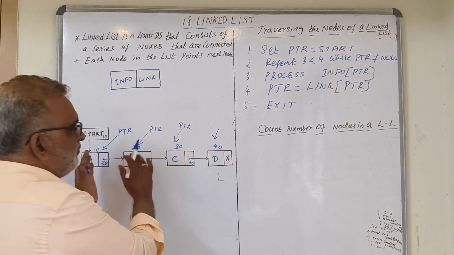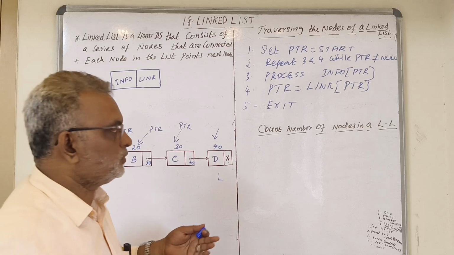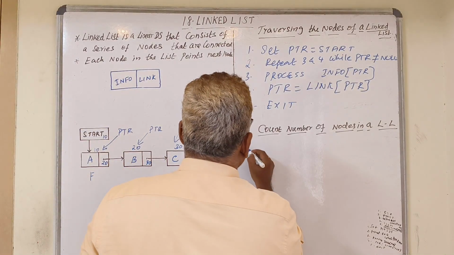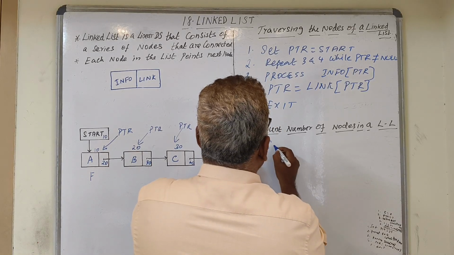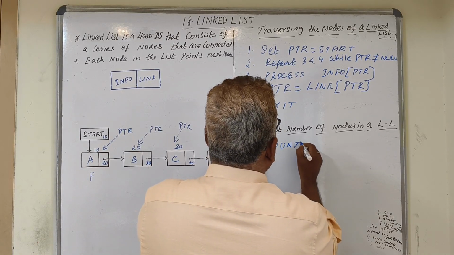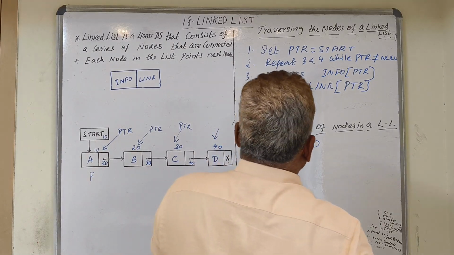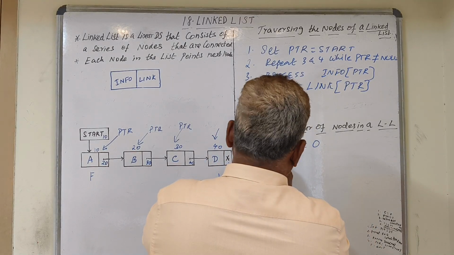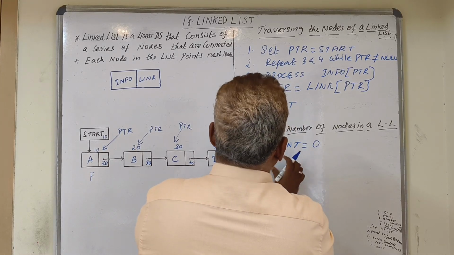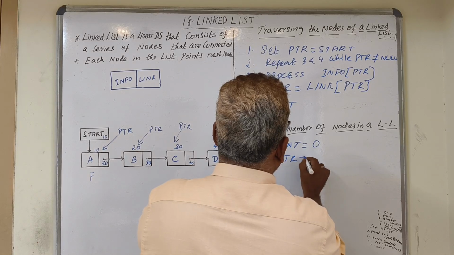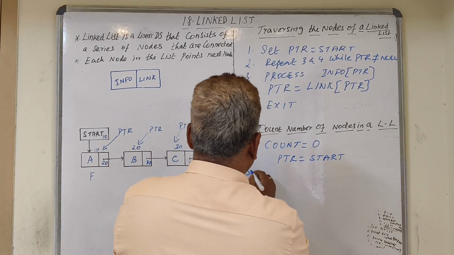Similarly, how do we find out the number of nodes available in a linked list? That can also be found with the help of the same type of algorithm. We just introduce a variable called count equal to 0. In the second step, we store the value, that is, PTR equal to the starting address, the first node.